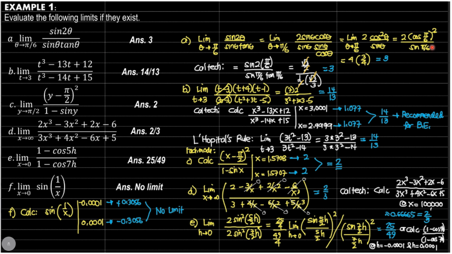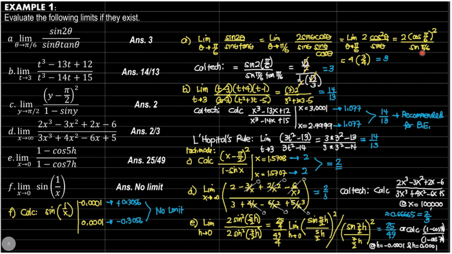But because the original problem will not lead to indeterminate form, that's why we substitute: 2 cosine pi over 6 quantity square over sine pi over 6. Cosine of pi over 6 is square root of 3 over 2, and when you square that, that's 3/4.